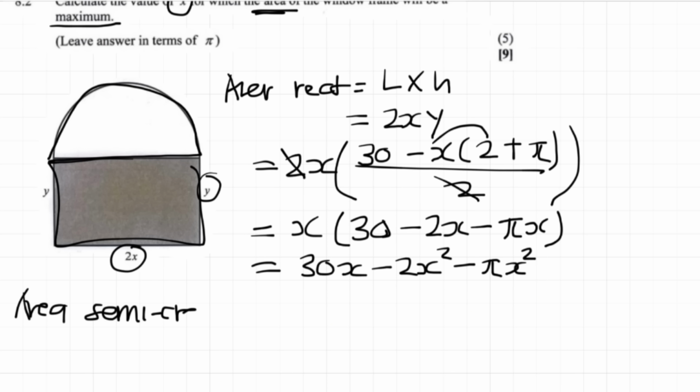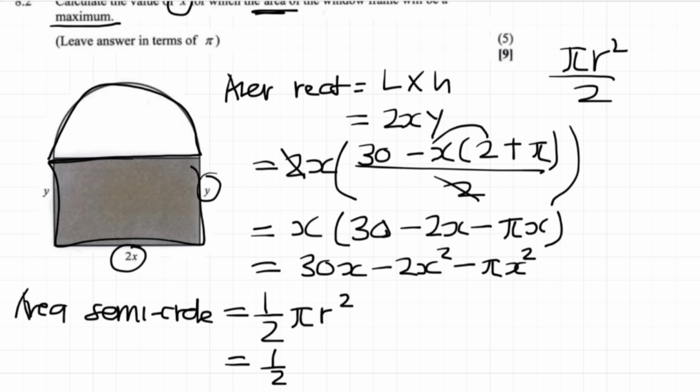Also, something is going to confuse you if you don't know this. The area of a full circle is equal to pi r squared. So if we want the half of it, we're going to divide this by 2. So this is going to be half a pi r squared, perfect.